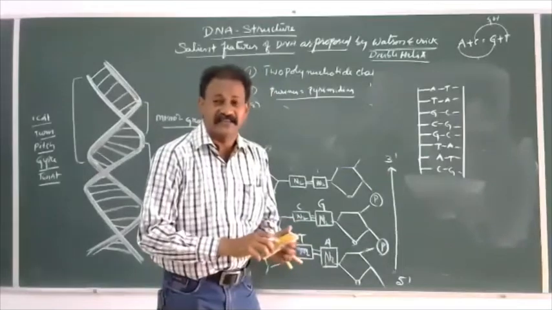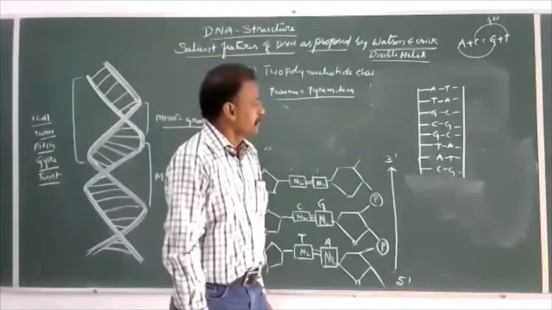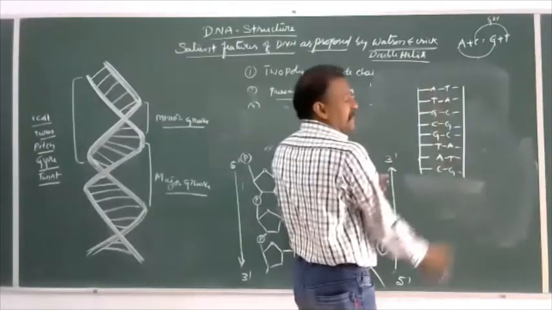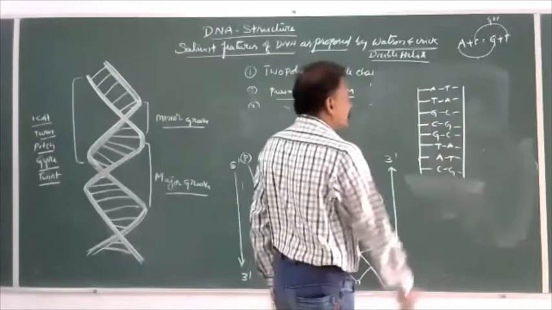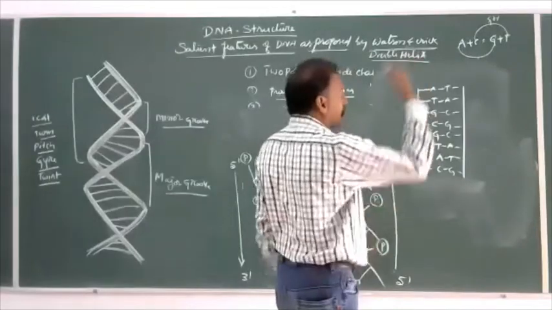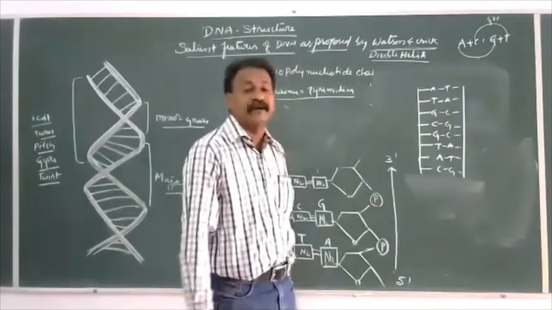Base complementation is existing. Both are parallel and anti-parallel. One moves in 5' to 3', another moves in 3' to 5' based upon the phosphodiester bond.